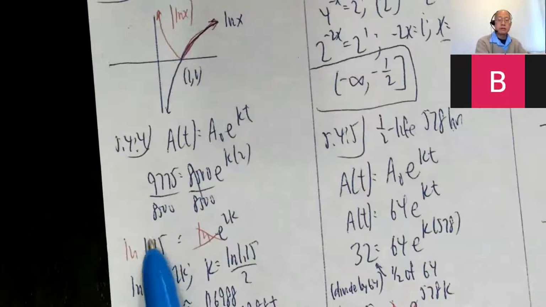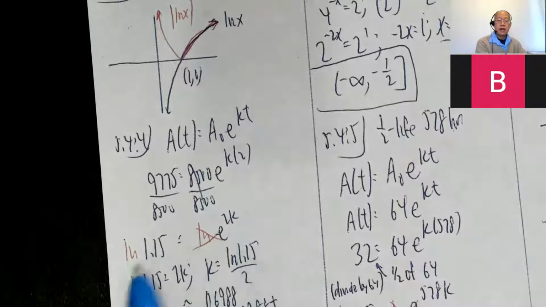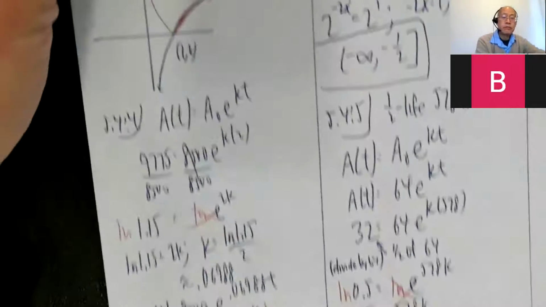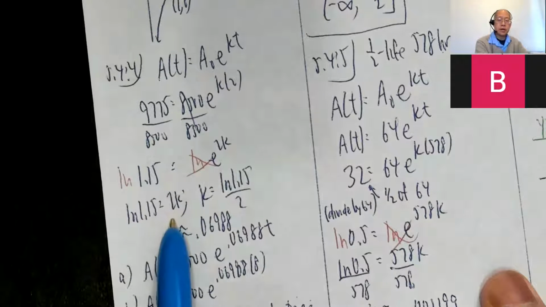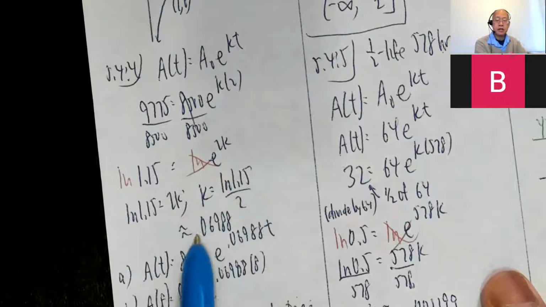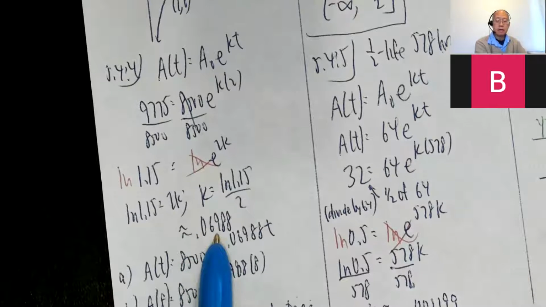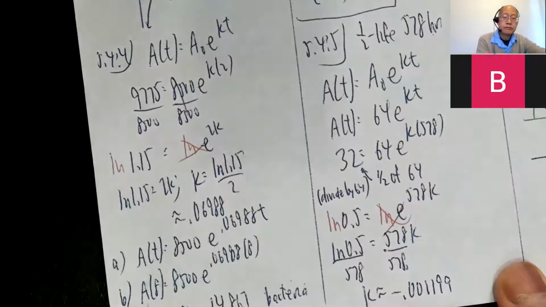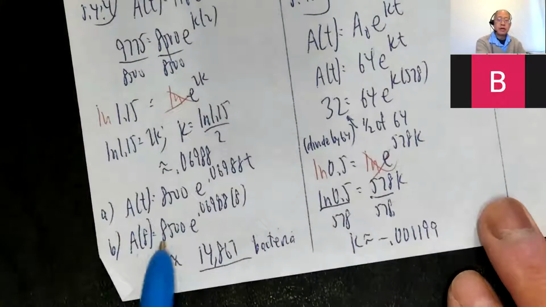Big surprise. E to the 2k. Natural log both sides. These cancel out. And natural log of 1.15 is 2k. Divide by 2. K is this, 0.06988. So this is my equation. Okay. Part B, plug in 8.